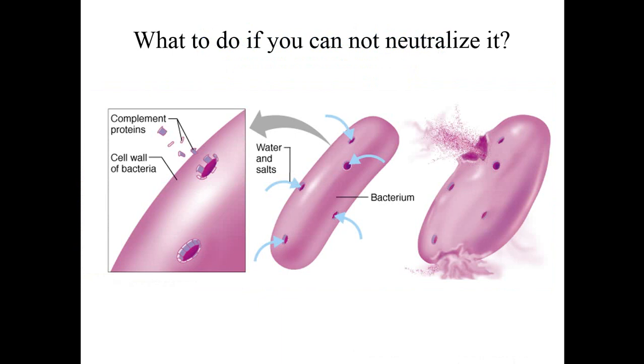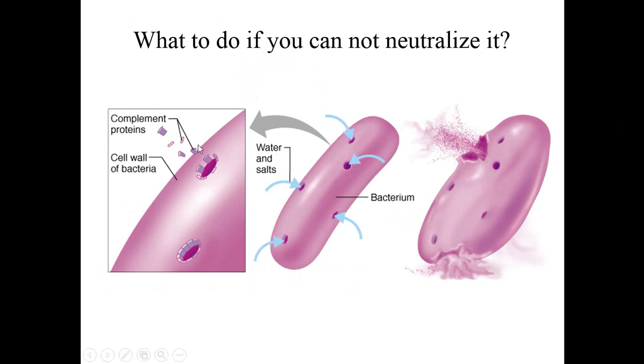So what do you do with the bacterium if you cannot neutralize it, and if the opsonization and phagocytosis is not sufficient? Well, one way is to punch holes at its surface. So the antibodies can call on some particular type of proteins which are called complement proteins. You've had the class about complement proteins.